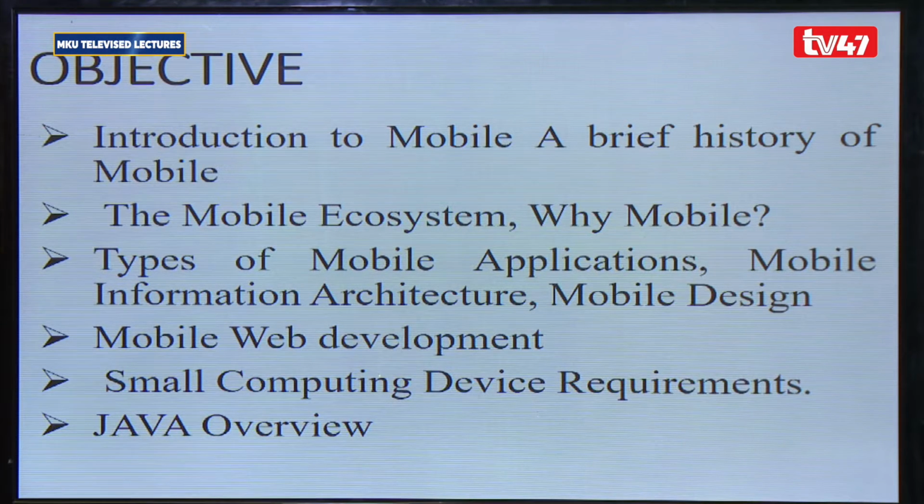Then we will discuss the types of mobile applications that we have, the mobile information architecture, the mobile design, the mobile web development, and small computing devices requirements. And lastly, we are going to start with the introduction to Java, or the overview about Java as a language and as a program.